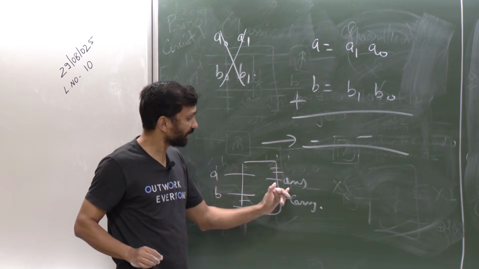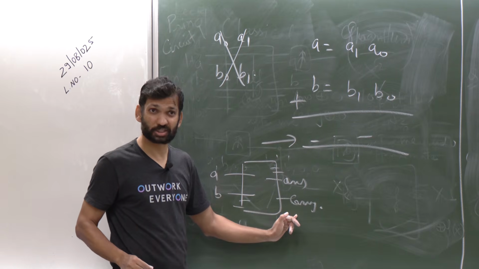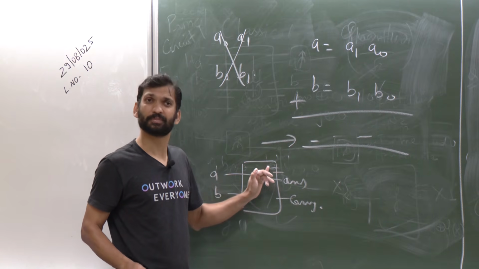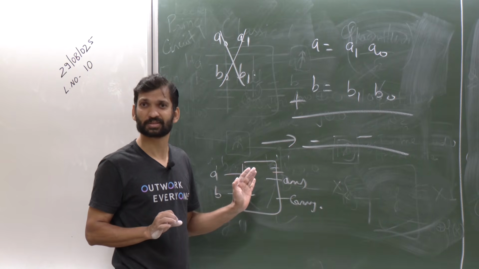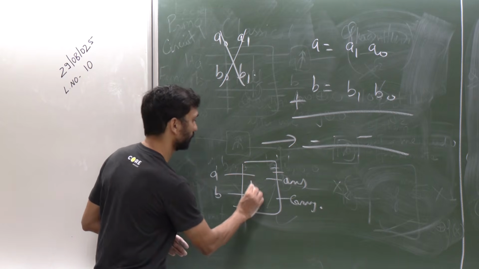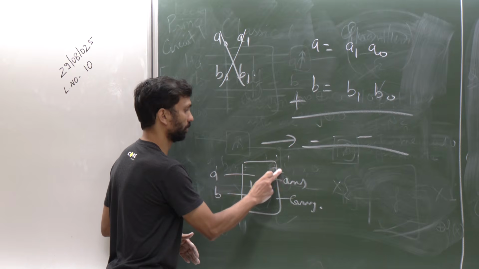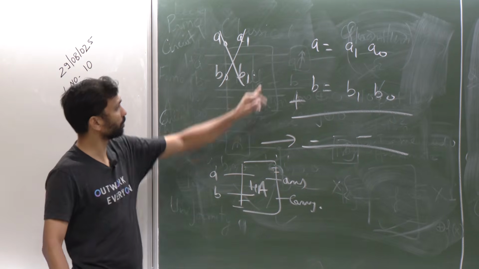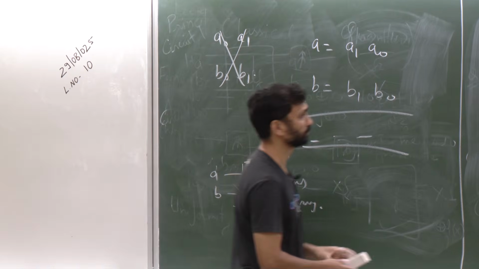Remember, this is all classical computation. These wires are not entangled. That's why I am not worrying about these extra wires. Okay, so go ahead. You have a half adder box. We know how we have constructed the half adder box. Using this, make a full adder.